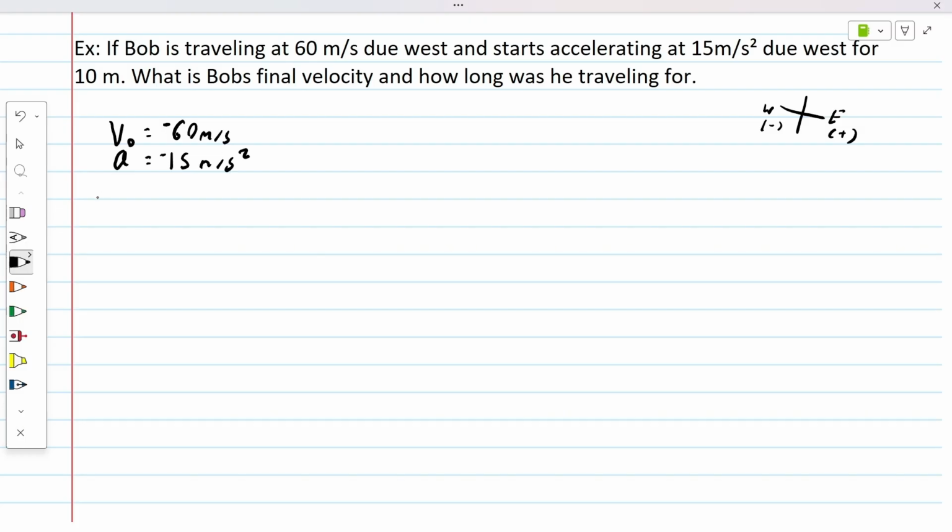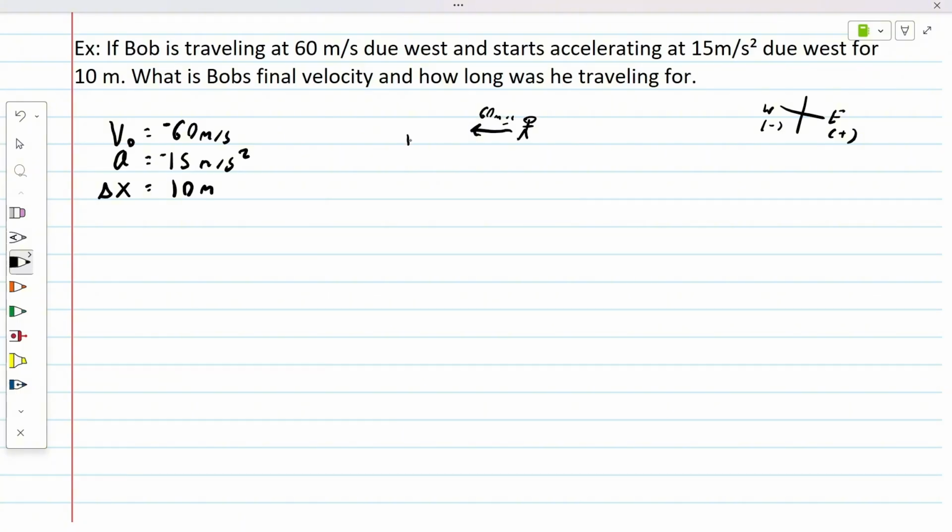So we know that the change, and we'll just use x here, is going to be 10 meters. But since he was traveling west, that change is also going to be west. So if we draw a quick picture here, we have Bob right here, and he's traveling 60 meters per second.